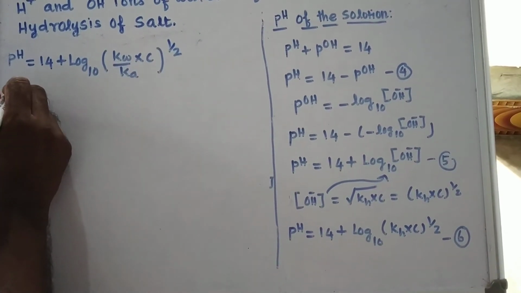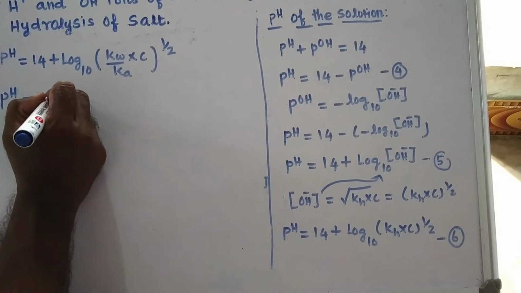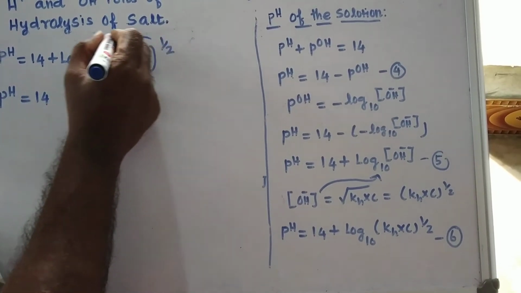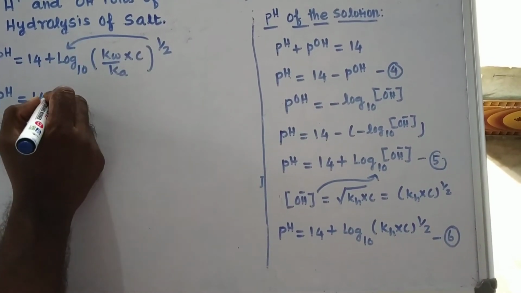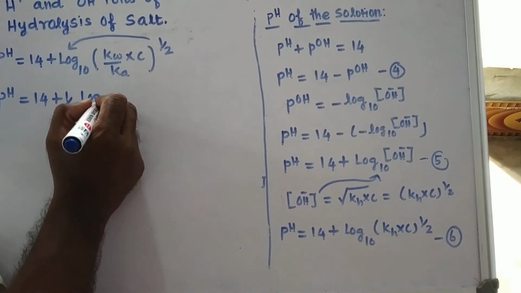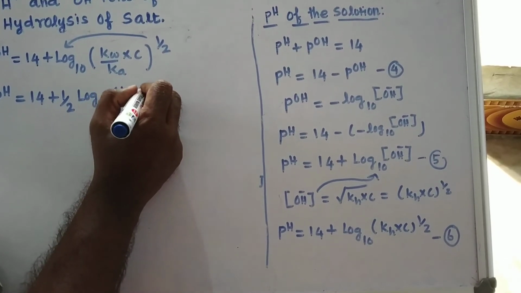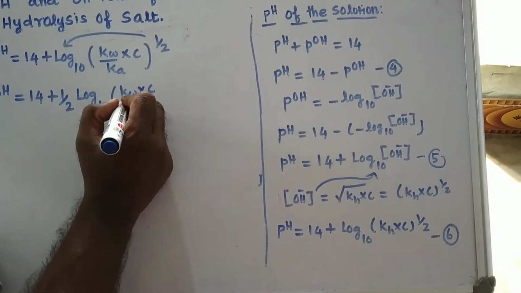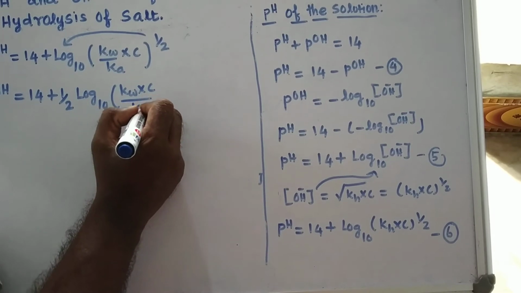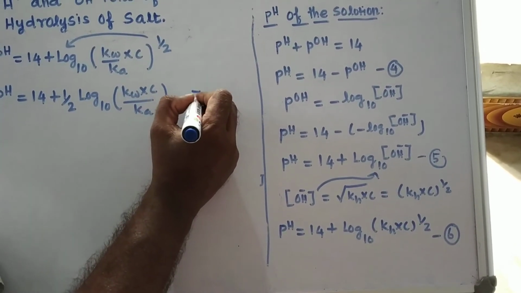Then this equation becomes pH equal to 14 plus half log base 10 of Kw into C by Ka. Okay, this is equation number 7.